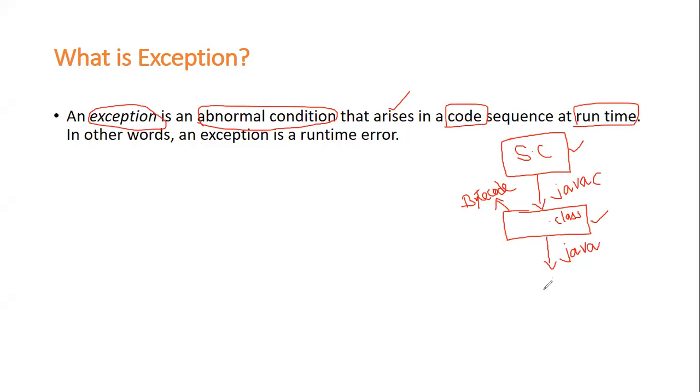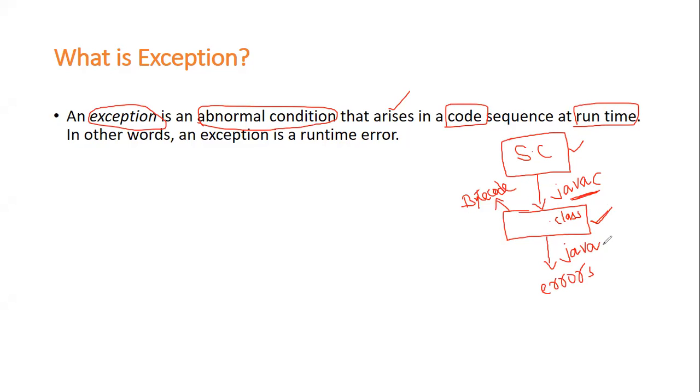Once I run the program during runtime, I'm going to get the errors. As you notice, students, when I'm trying to compile the program, there are no errors. Since there are no errors, a dot class file has been created.